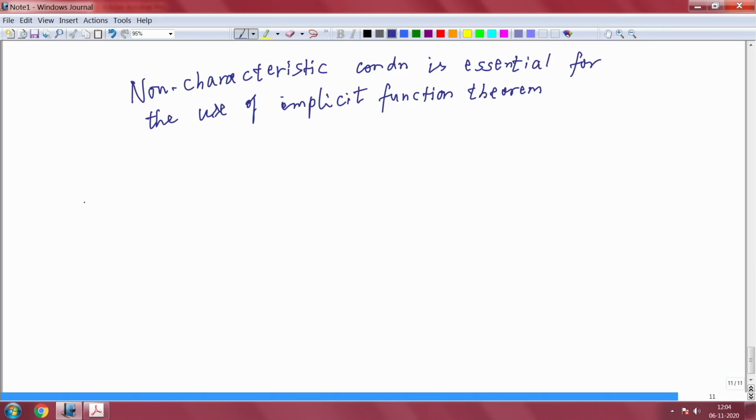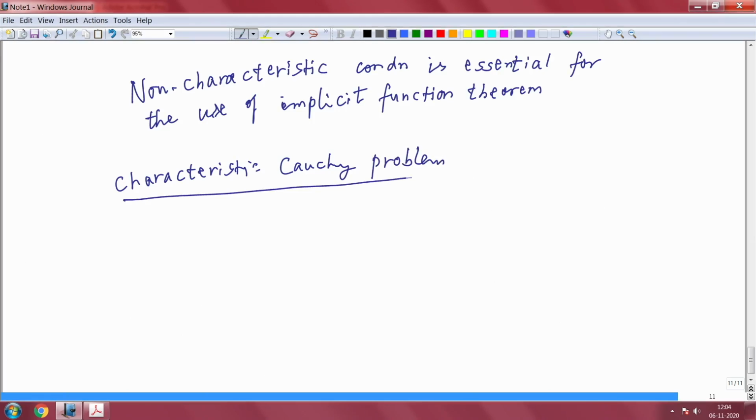So, what about the characteristic Cauchy problem? Let me just give you an example, a very simple one, which you have already seen in some way, the characteristic Cauchy problem, and what the difficulties are. So, consider the very simple first order equation.